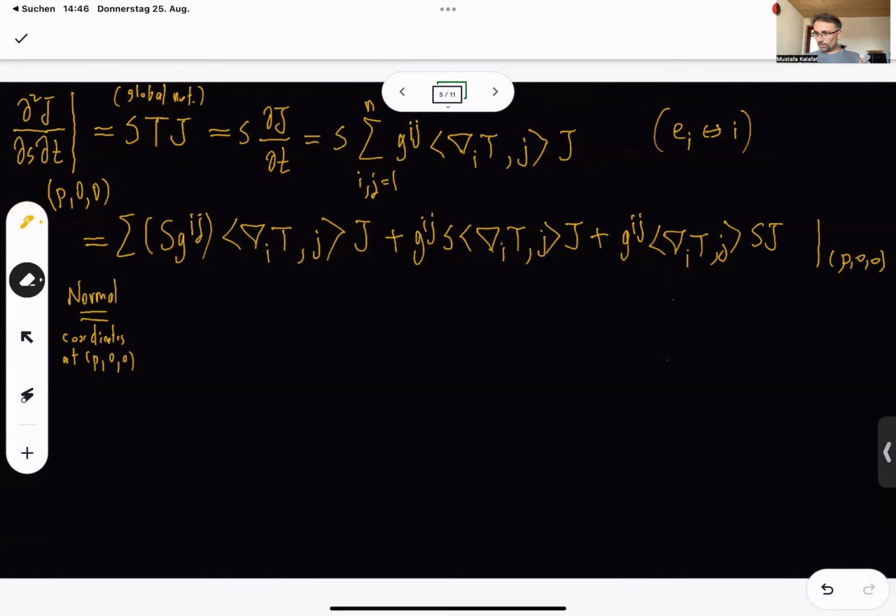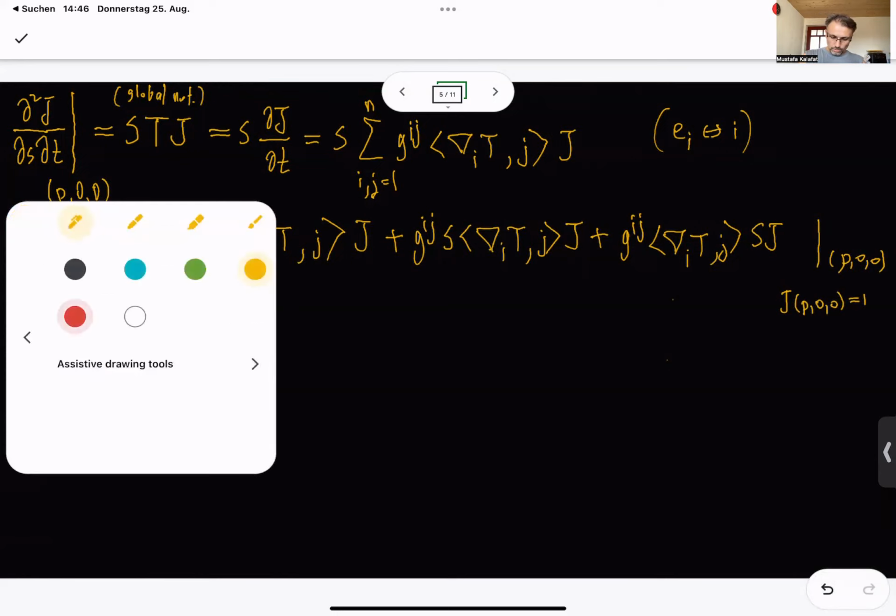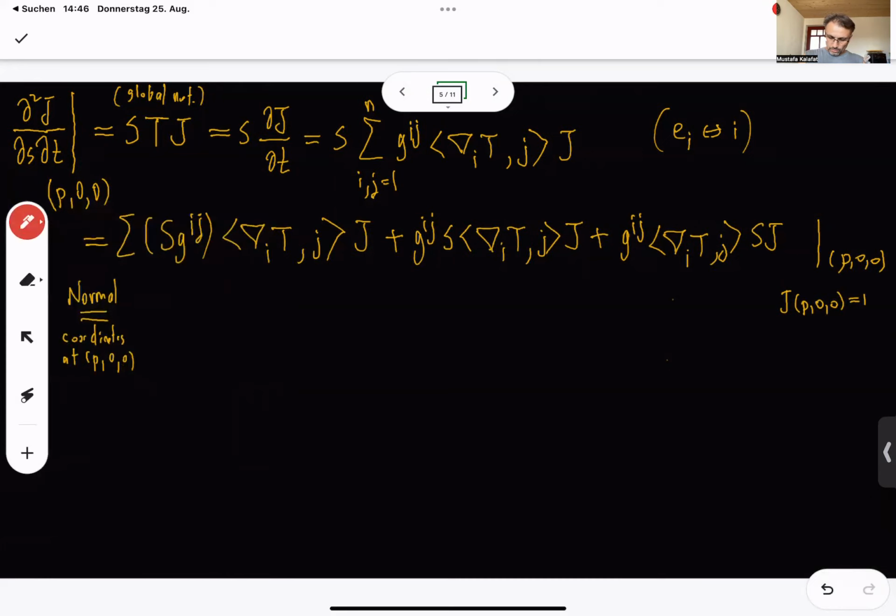And remember, J at P00 is of course 1, because those terms are the same. So you can get rid of those.